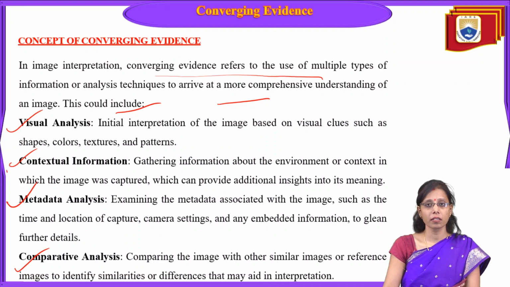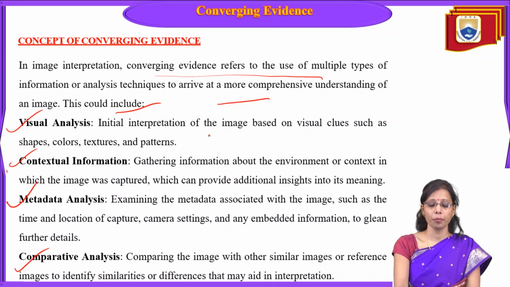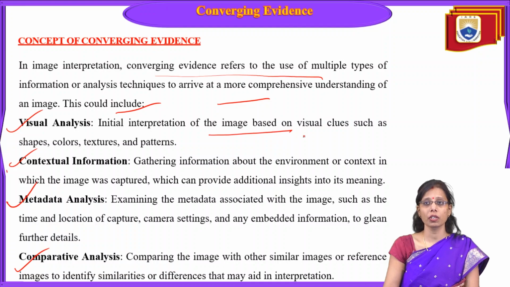Visual analysis is the initial interpretation. Once you see the image and try to find out some different clues, that is called visual analysis: initial interpretation of the image based on visual clues such as shapes, colors, texture and patterns. Based on the shape, color and textures, we are initially able to identify the type of the feature.